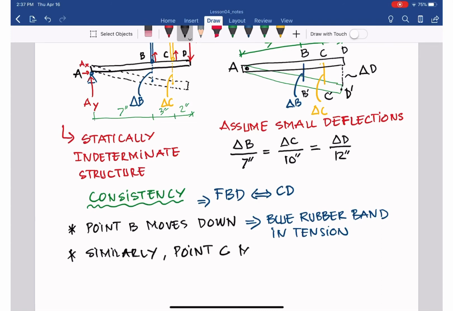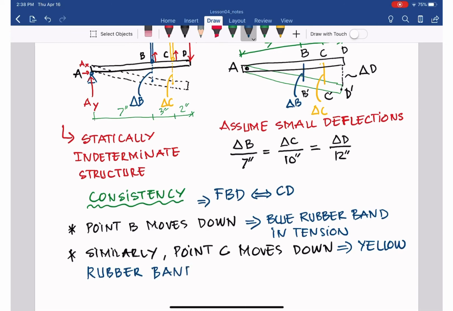point C also moved out, right? So the yellow rubber band also has to be in tension.